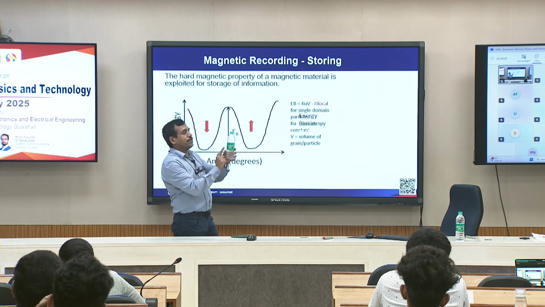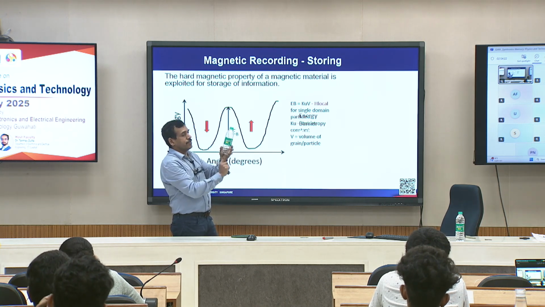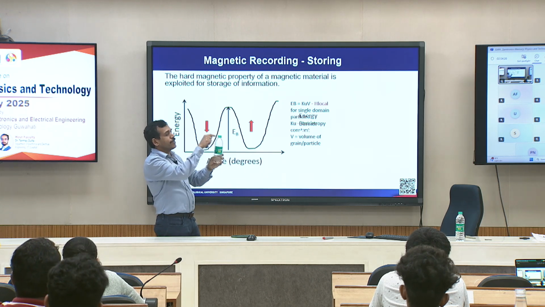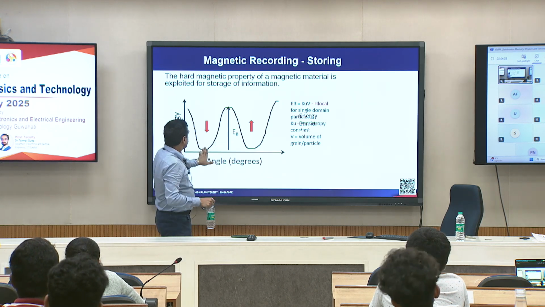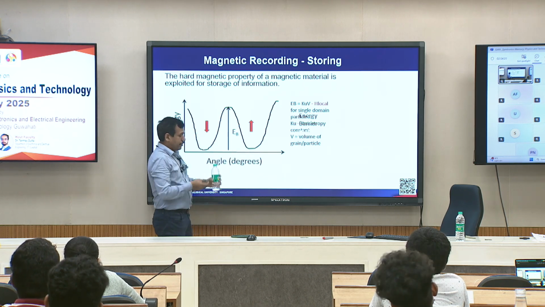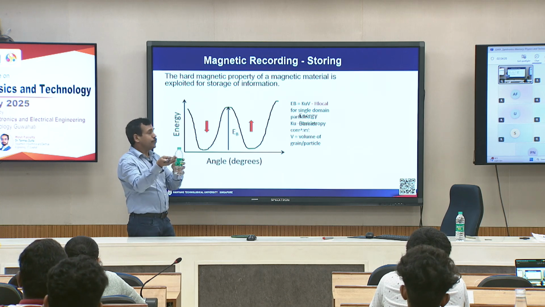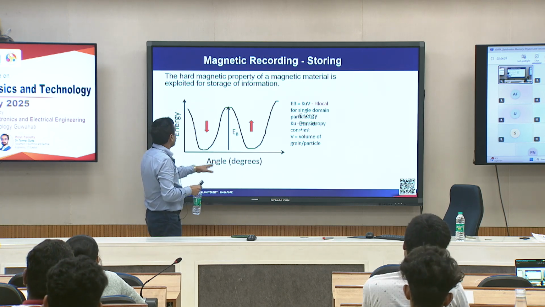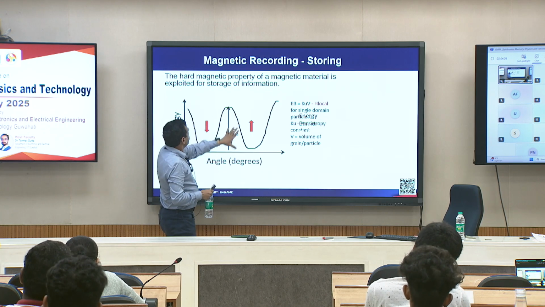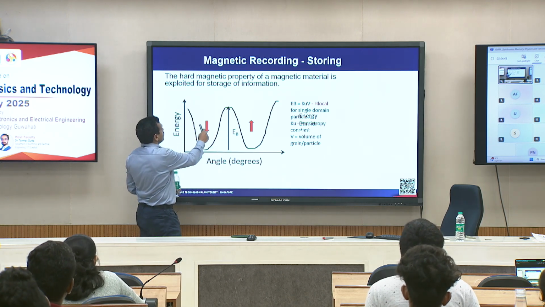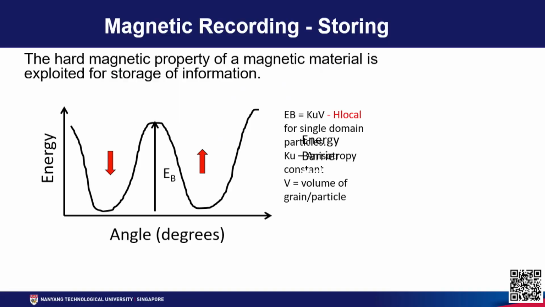Easy axis is along this vertical axis. So, magnetization can be either pointing up or pointing down, both are energetically low, and magnetization in any other direction, say pointing towards you, is a high energy.